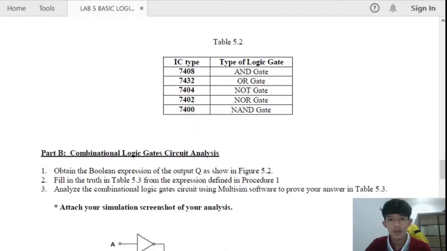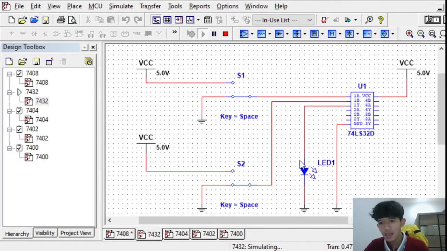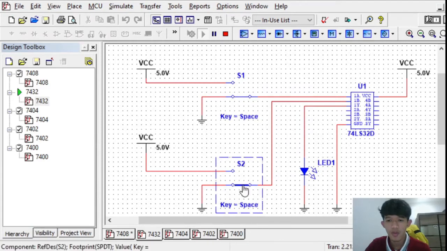the type of logic gate for 7408 is AND gate. The next one is the 7432 IC. 0 for both inputs. The LED does not light up. Next, 0 for A input and 1 for B input. The LED lights up. Then we change to 1 for A input and 0 for B input.